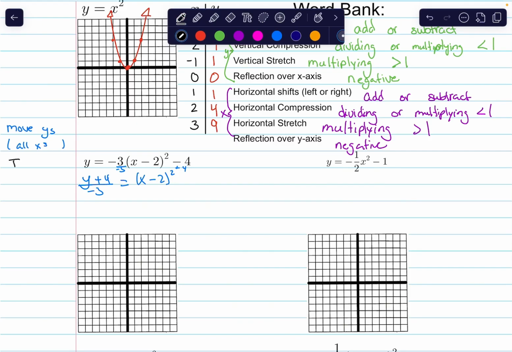Then what we do? We make our table. Now we already have the parent function in our table. Remember, our goal is to manipulate it into the new equation to see how these numbers affect our new graph. That's what we're doing.